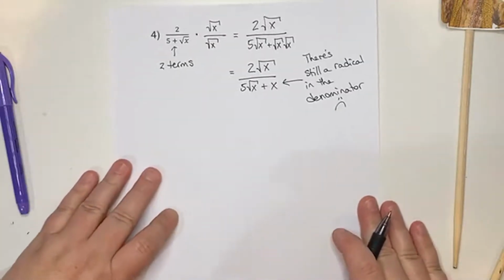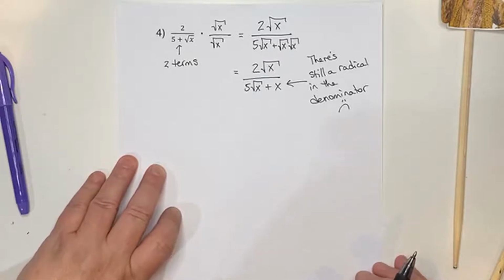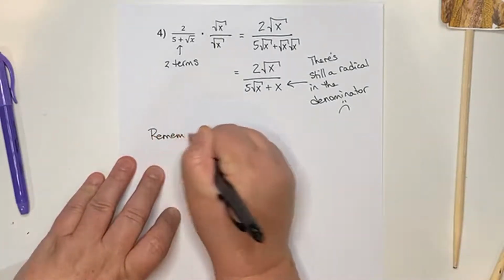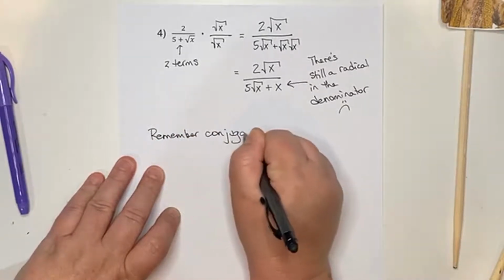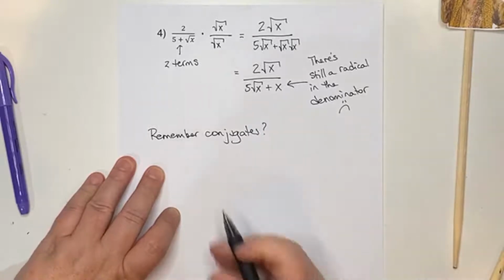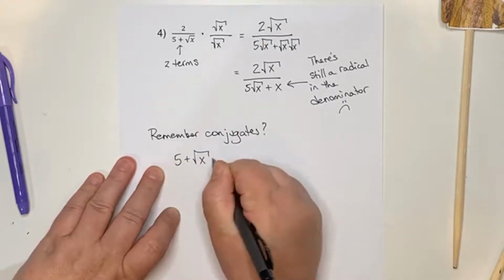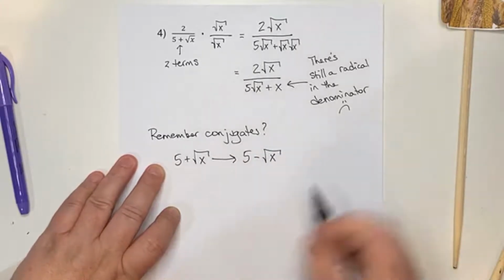So this is the moment where I say, remember in the last video when I mentioned conjugates? So for example, 5 plus radical x, the conjugate would be 5 minus radical x.